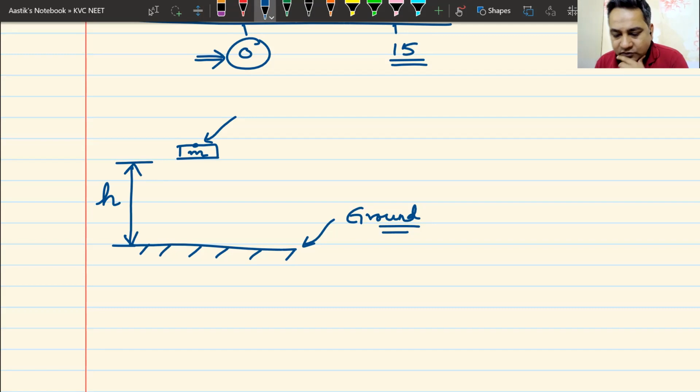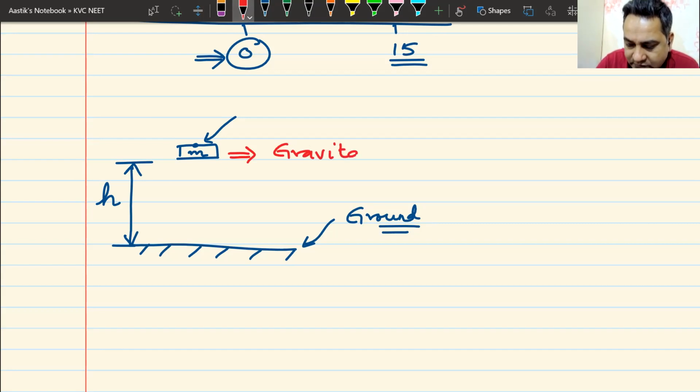Now I ask you a very simple, basic question. Do you know how much gravitational potential energy this body has now? I guess you have heard the term potential energy.